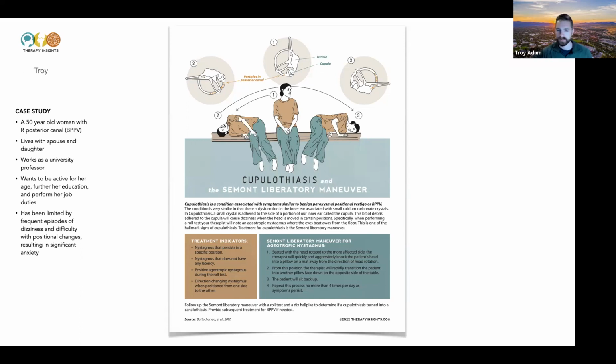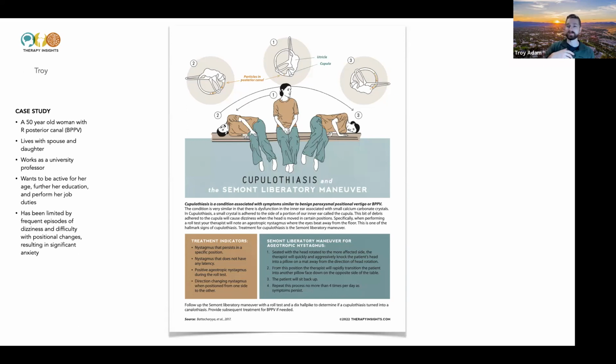Semont is the name of the person that developed it. What we're talking about is canalolithiasis, meaning there are those calcium carbonate crystals in one of those canals. You can treat BPPV canalolithiasis with a Semont maneuver, or cupulolithiasis, which can also be uncomfortable for folks.